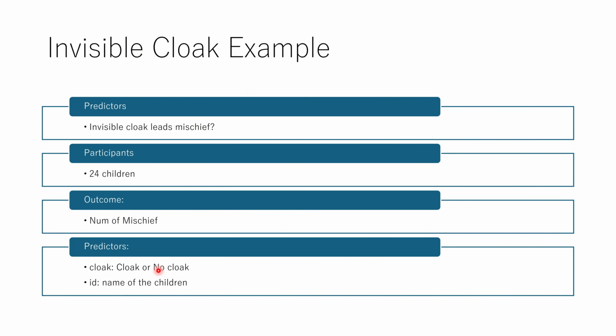Cloak means an invisible cloak or no invisible cloak, and they can make mischief or not. Our goal is simply to ask: do mischief scores differ between the cloak group and the no cloak group?